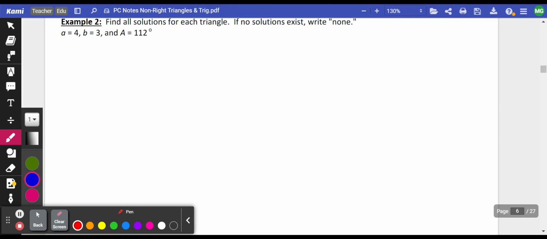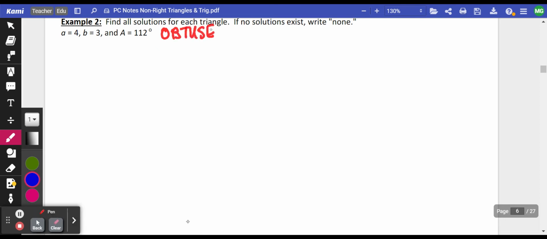When I look at this, I see we have an obtuse angle that's been given to us. So I know I'm using that second chart. And this is the side that was opposite 112 degrees. So I have to compare 4 to 3. Well, that's an easy comparison. 4 is bigger than 3. So we have exactly one solution.